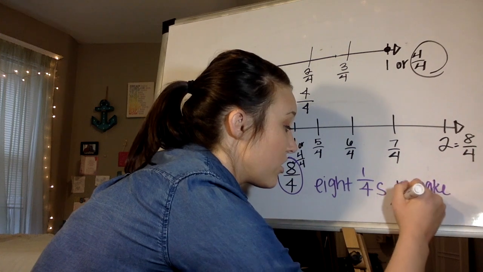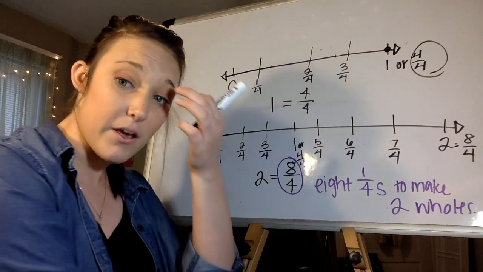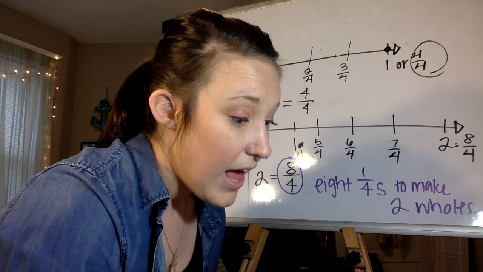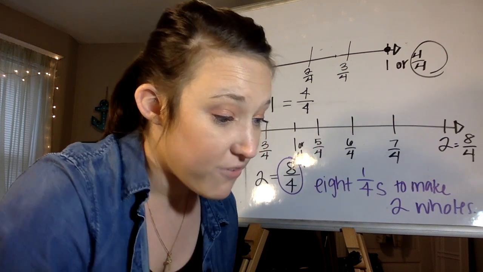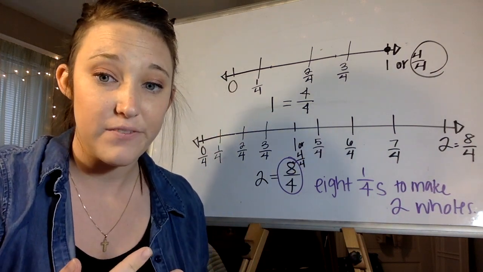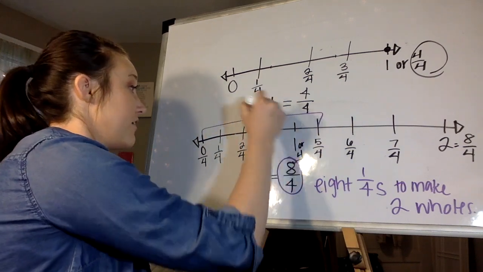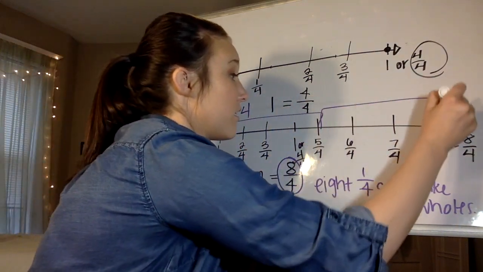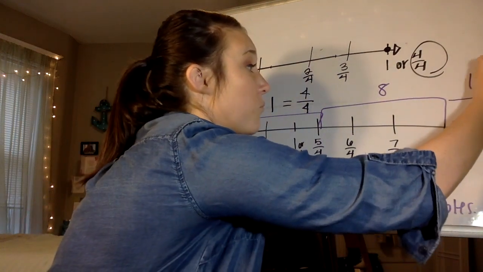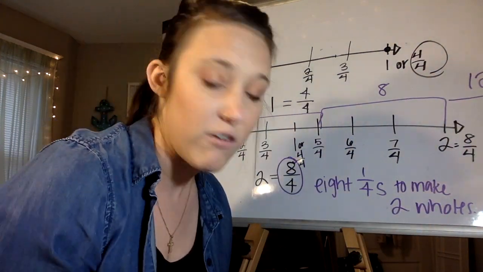I had 8 1/4 fractions to make 2 wholes. How many more fourths would I need to complete a model of 3? If I've got 4 and then 8, add 4 more, I will end up with 12. So 3 equals 12 fourths.